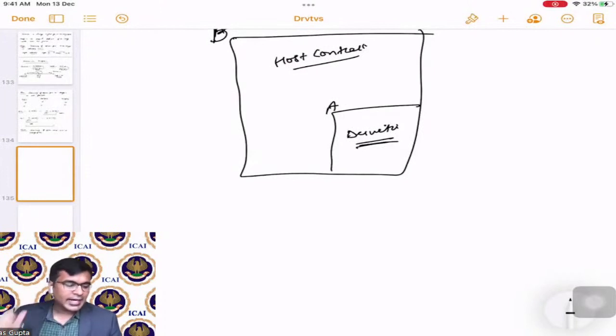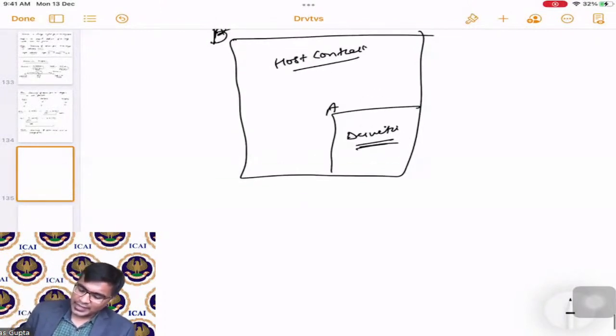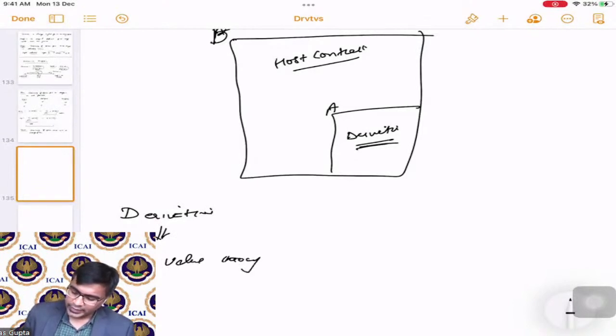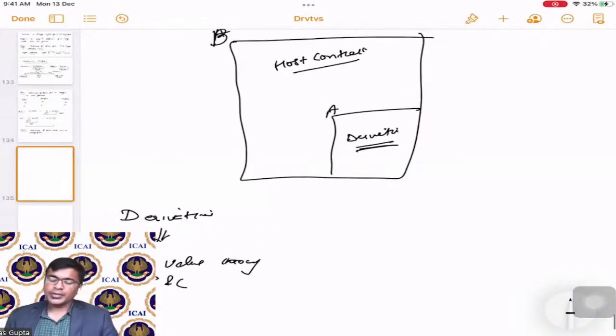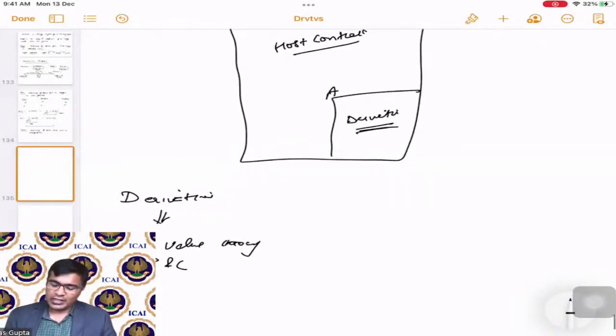Now I'm just writing the background of this, because if there is a derivative, it has to be accounted as fair value through P&L, correct? If we just go in and account this host contract as is, then we will ignore this part.